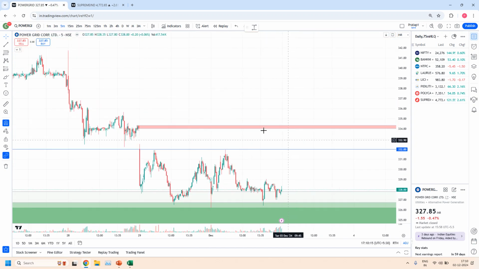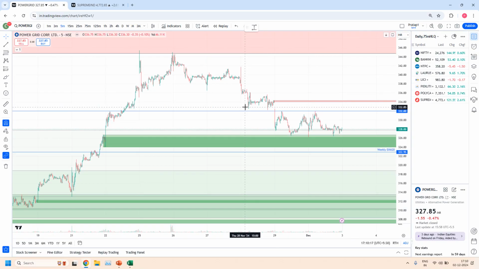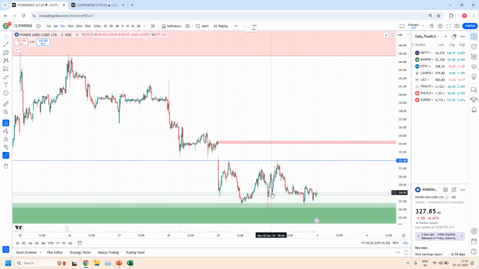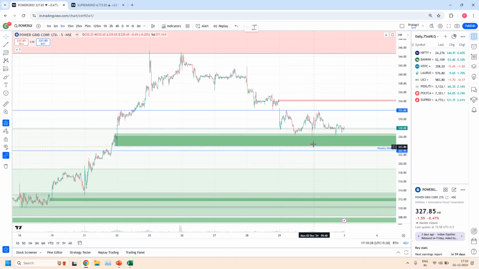Still you would have got 6% ROI, at least in the worst case 5% ROI in this trade. Actually, this trade gave you close to 10% ROI, 9 point something. Half of that ROI you would have got even if you did the position sizing.